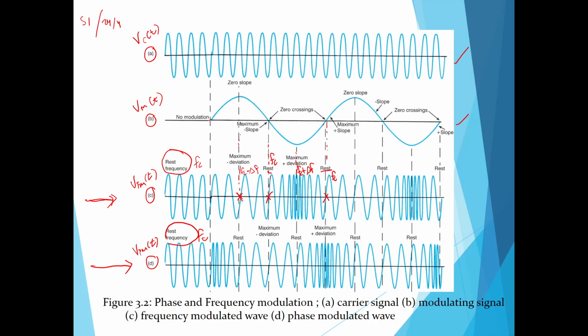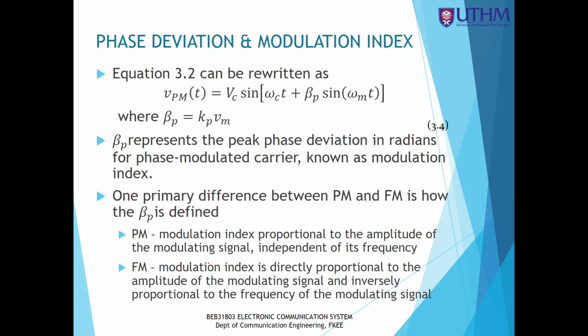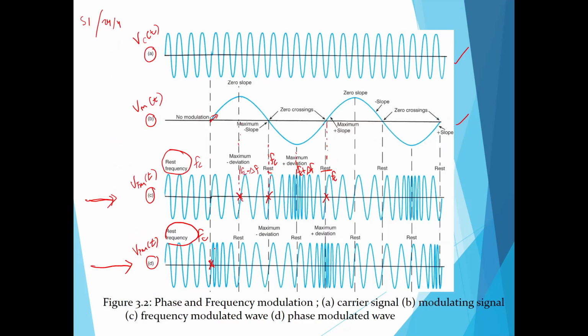So you see that starting from 0, it moves towards positive. And you see from here, at this point, the frequency of the carrier is at the highest frequency, which is Fc plus delta F. Okay, maximum.